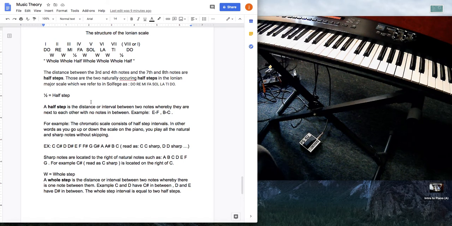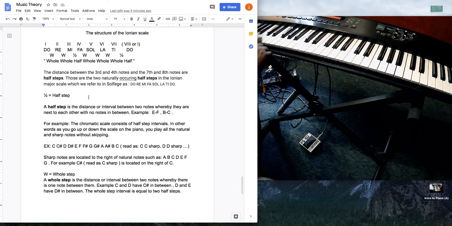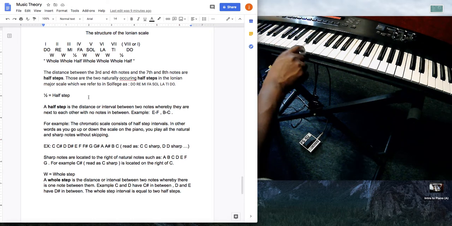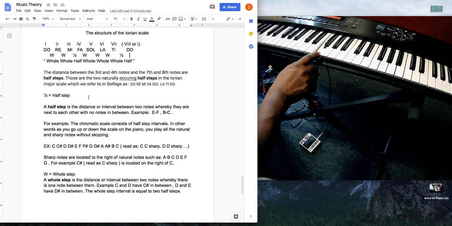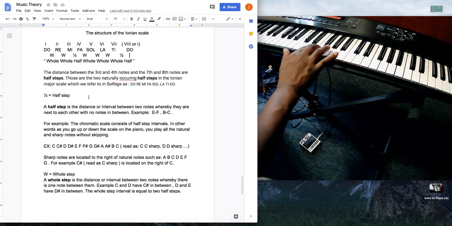Okay? Alright, so what is a half step? A half step is the distance between two notes, whereby they are next to each other with no notes in between. For example, if you look at the piano, you have C, D, E, F. You'll notice that between E and F there are no notes in between.